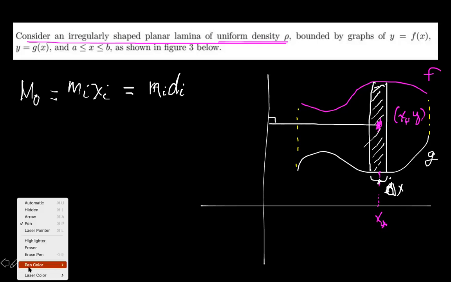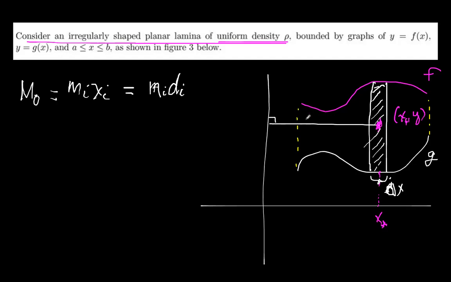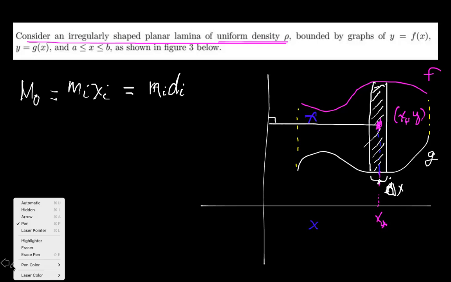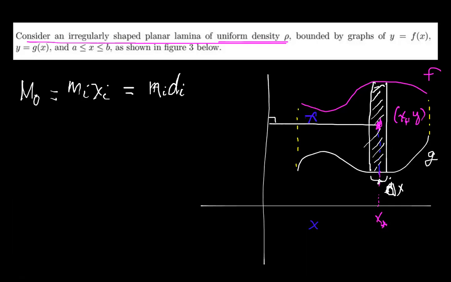And if we're going to find the distance from the y-axis to that center point, or the center of mass of the representative rectangle of the area, then this is equal to x. This is just x, because it's the same as this. Or actually it's x asterisk, right? So there we go. Now let's talk about this one first.